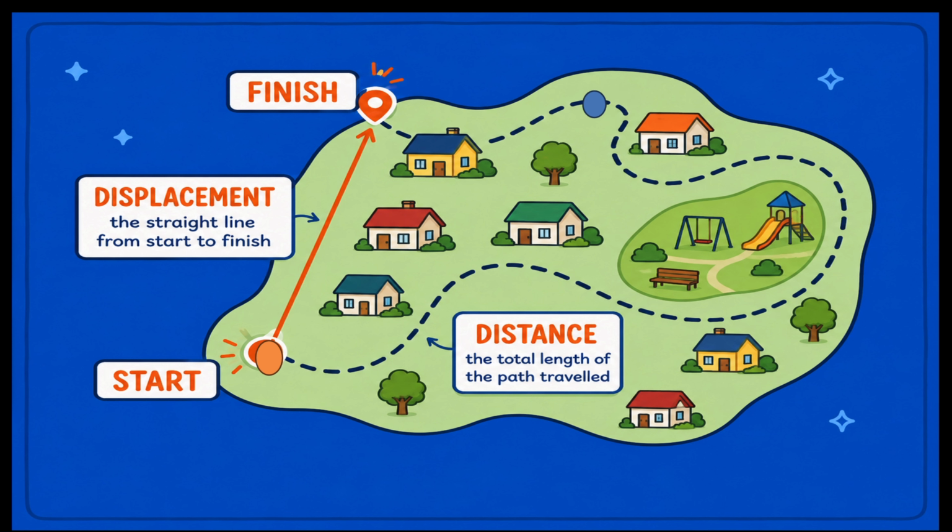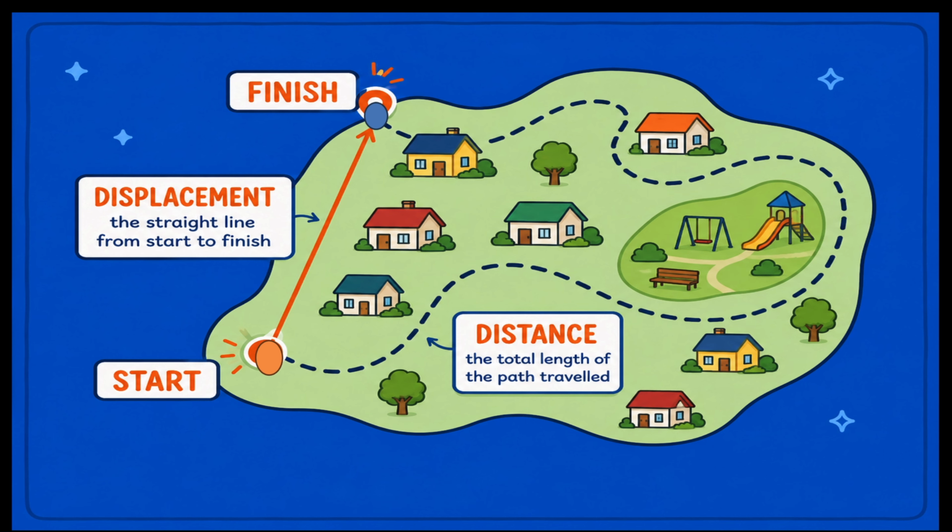Because distance only tells us the total amount of ground covered, it has magnitude but no direction. Distance is therefore a scalar quantity. Displacement, however, is different. Displacement is the straight line change in position from the starting point to the finishing point, including direction.